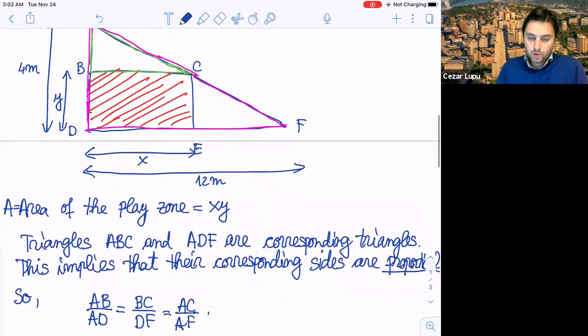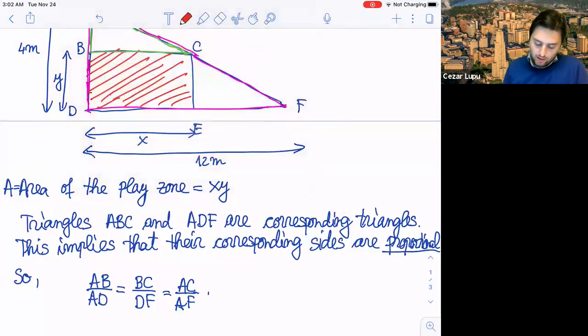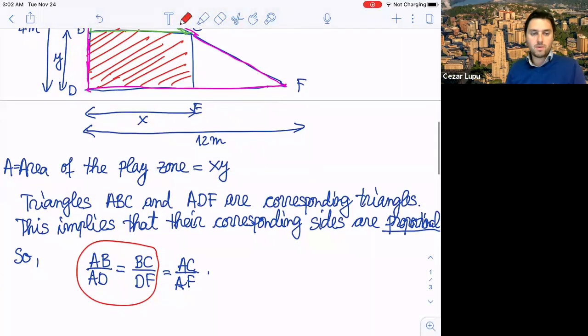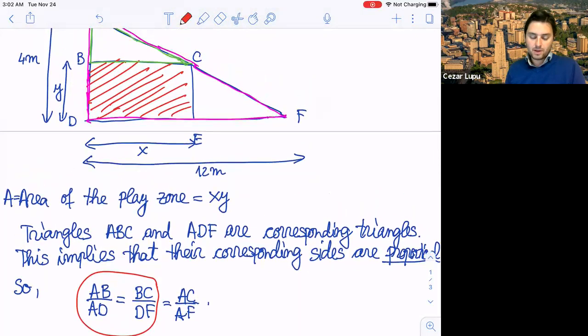Now let's see, what do we know about this? So let's look at this equality here. AB, the first two. So AB over AD is the same as BC over DF. So what do we know?